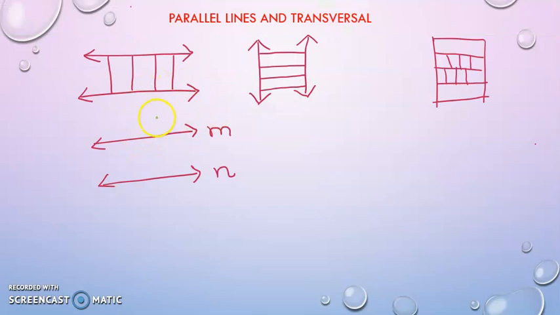Suppose I draw this line with green ink, can you see, students? Let this line be L. Now this line L is called a transversal if it intersects two or more parallel lines. You can see line M and line N. This L is a transversal.